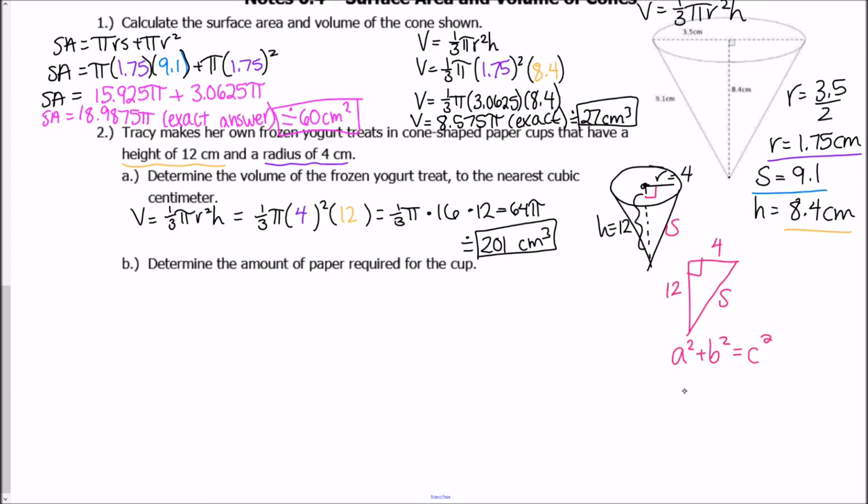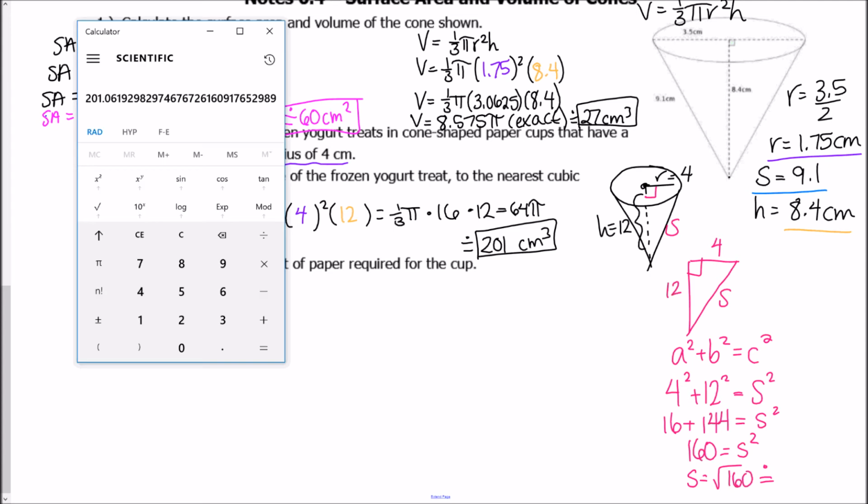And then here, when I fill in my information, I'm going to say 4 squared plus 12 squared is equal to s squared. So 4 squared is 16, 12 squared is 144 equals s squared. When I add those two together, I end up getting 160 equals s squared, which means that s is the square root of 160, which is approximately equal to, and let's go ahead and calculate this.